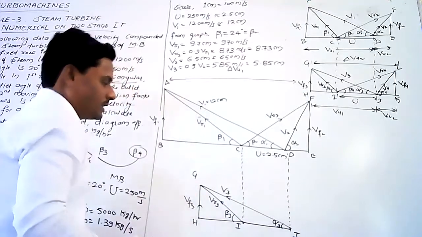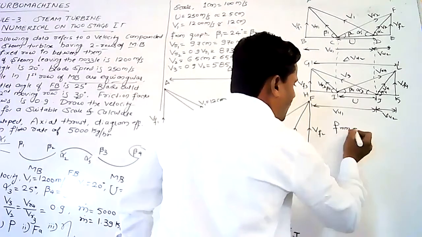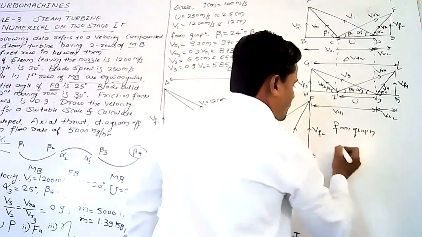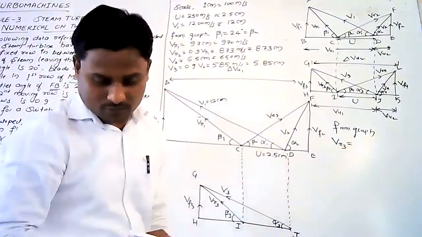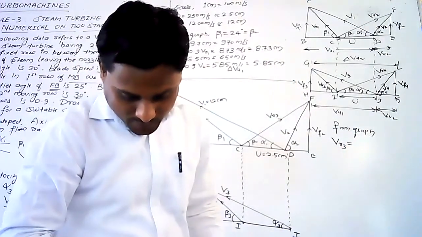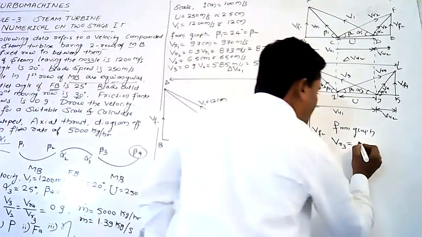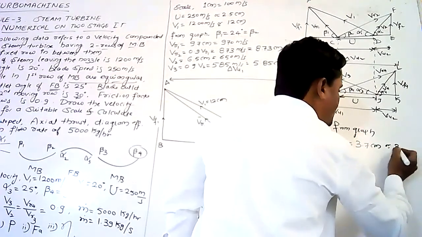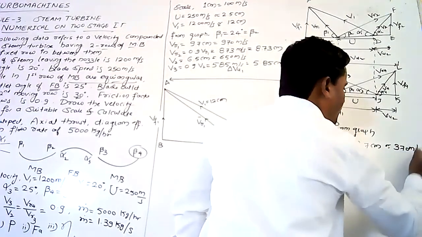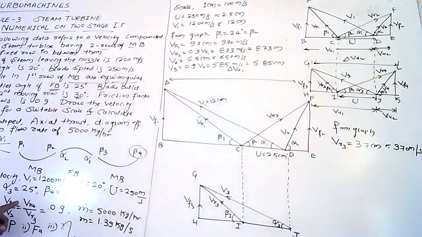Now from this graph, we can easily measure VR3. From the graph, the expected value for VR3 is 3.7 centimeters, or 370 meters per second. You know the ratio VR4 by VR3 equals 0.9.